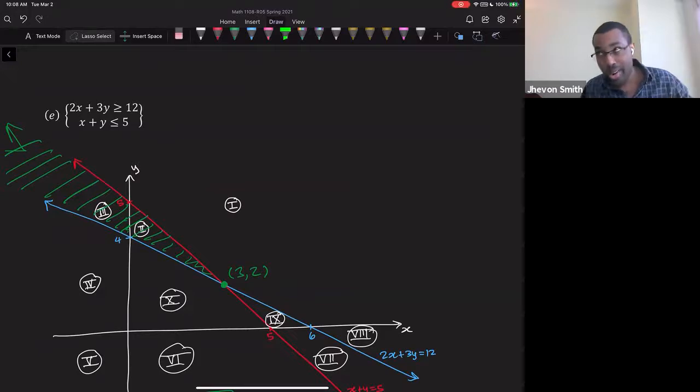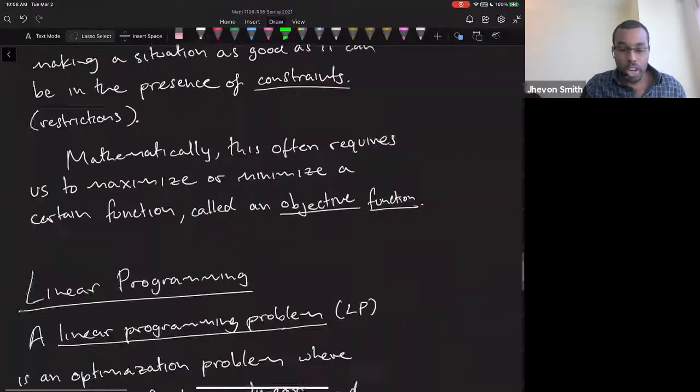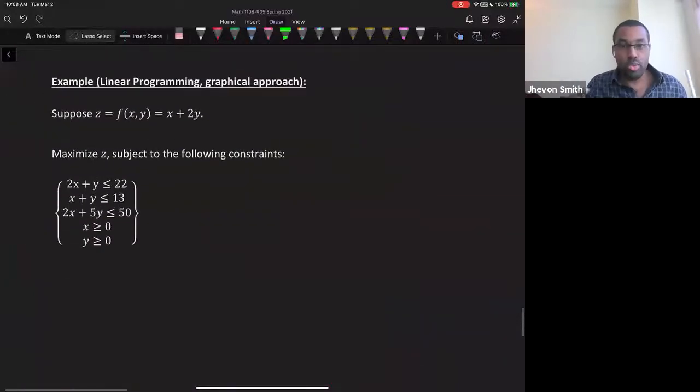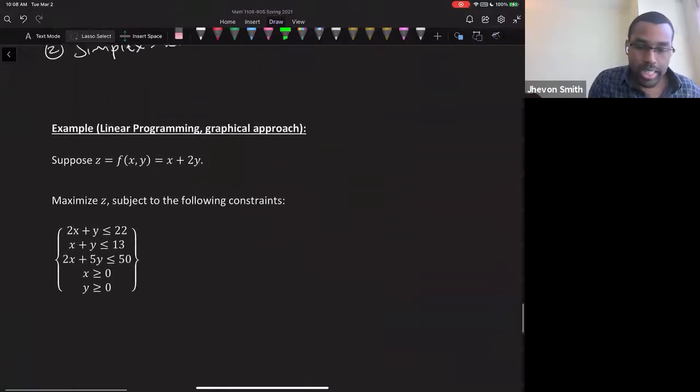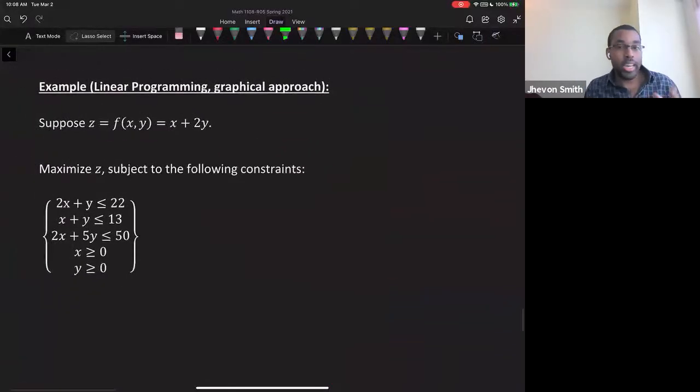Because you're going to have to read a word problem, interpret it well enough to restate the problem in this form. And then once you do that, you're going to do all that other stuff that we've been learning in 5.1 and 5.2. So let's see what that would actually look like. Let's pretend I read a word problem and this is what I came up with.